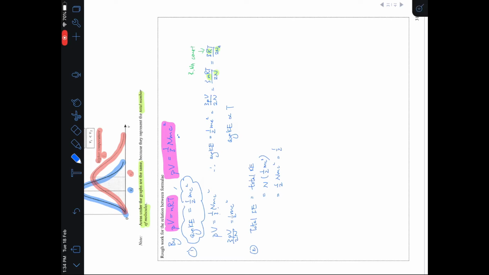I'll change it in this way so that maybe it is a little bit easier for you to follow. Okay, and this can also be changed in terms of RT, because PV equals nRT, right? So that it is also equal to 3nRT. Then we have 3 over 2 PV here, and also 3 over 2 nRT here for the total KE. Okay, then this is derived.